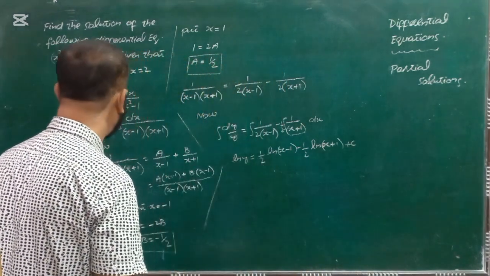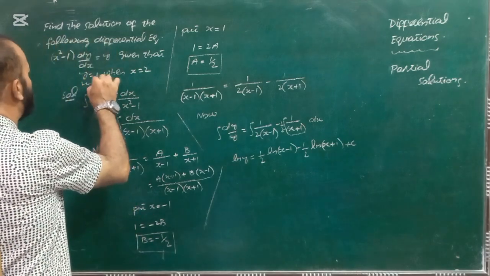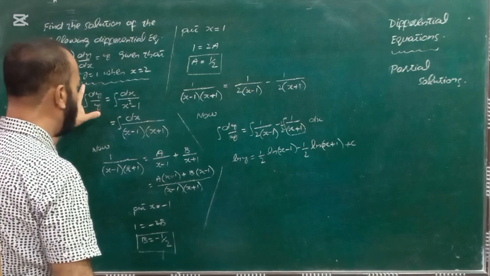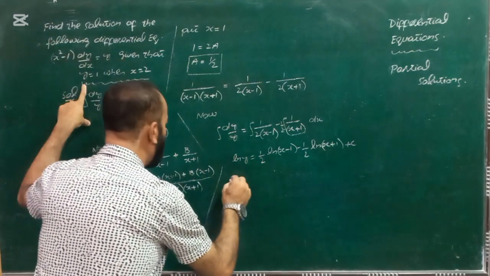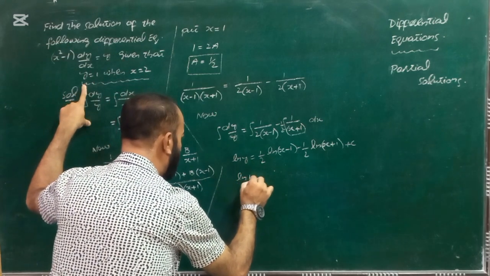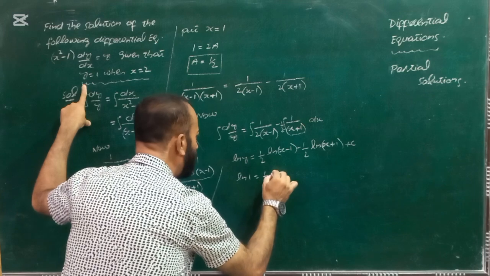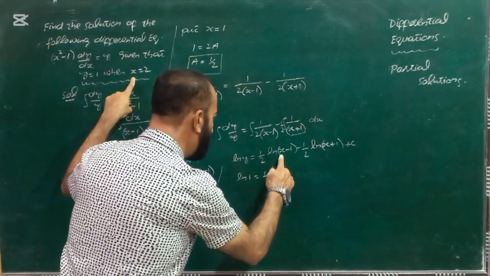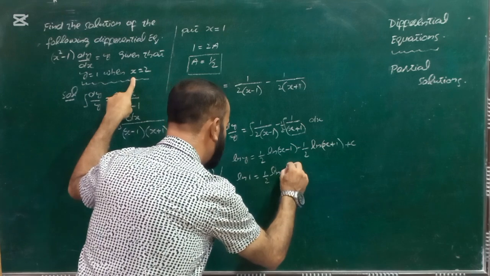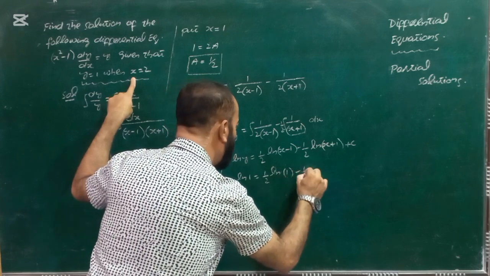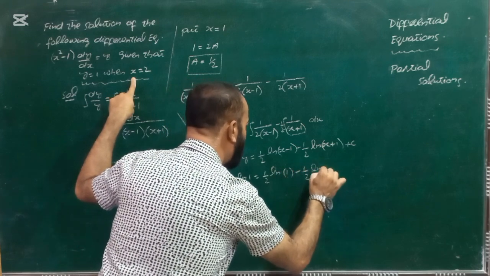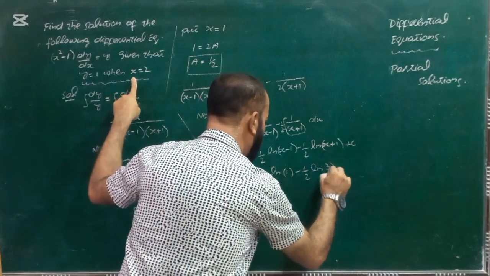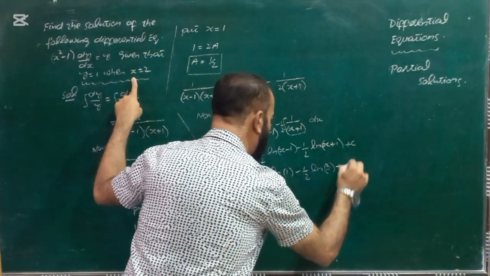Okay, at this step you have to put these two values to find the value of c. So y is equal to 1, so natural log of 1 is equal to 1 by 2 into natural log of, x is 2, so 2 minus 1 will be 1, minus 1 by 2 is still there, and natural log of x is 2, so it will become 3, and plus c is still there.